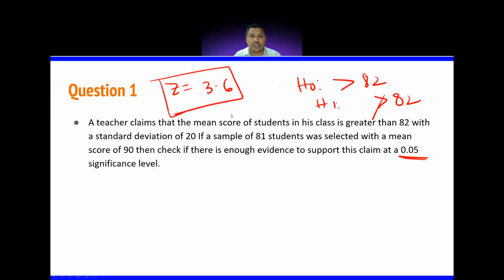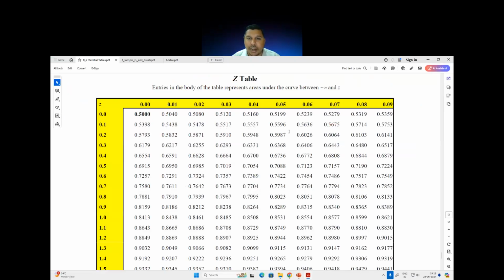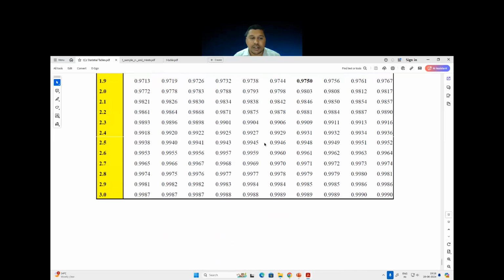We got Z value as 3.6. Now, what you have to find here is the significance level at 95% or 0.05, right? So go to the Z table here for 0.05. You have to find it.